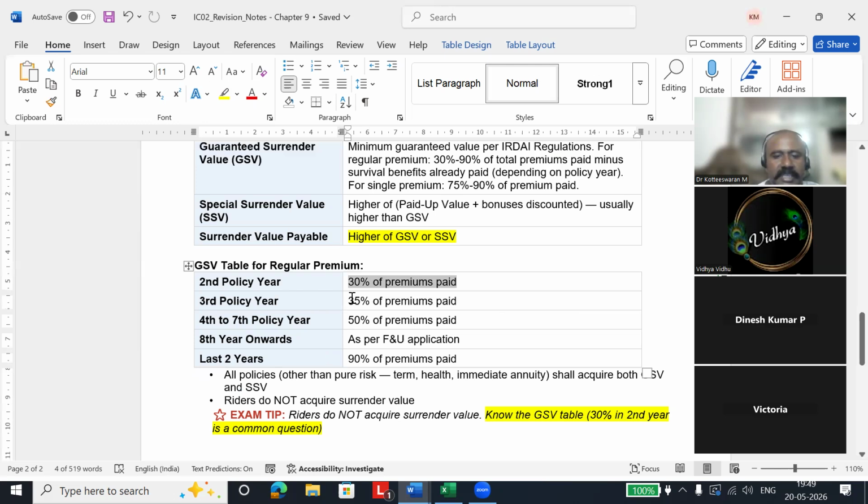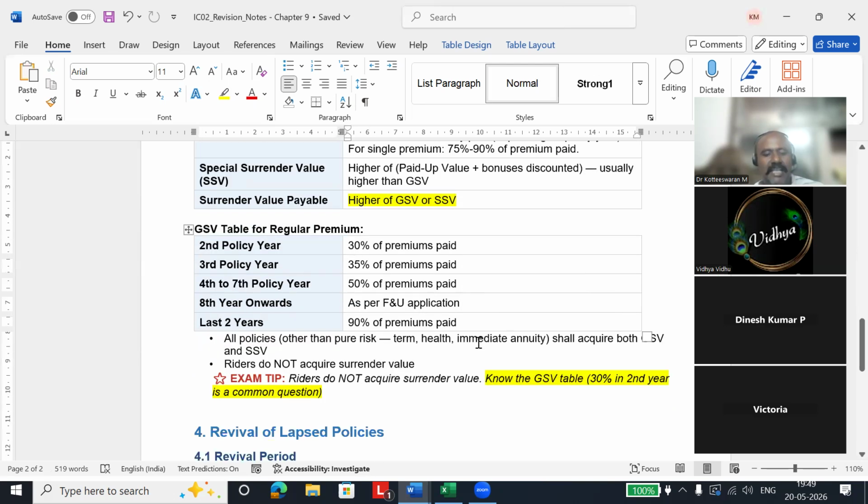Third year premium is 35%. Fourth to seventh year means 50%. Eighth year onwards is as per the application. Each insurance company has different calculations after 8 years. In the last 2 years of the policy, if it is getting lapsed, 90% of premium paid.